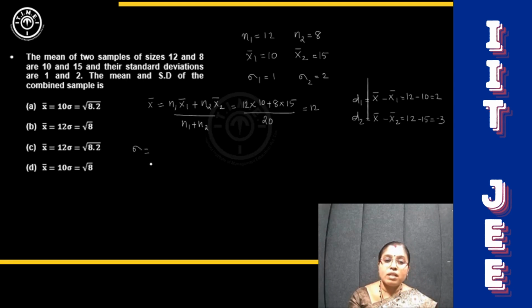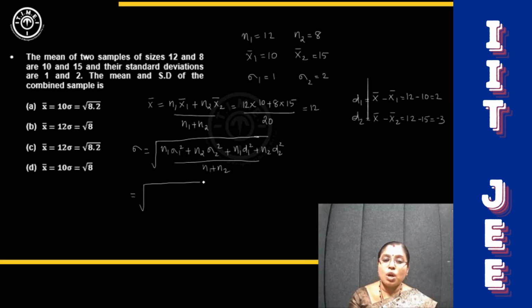So sigma is root of n1 sigma 1 square plus n2 sigma 2 square plus n1 d1 square plus n2 d2 square whole divided by n1 plus n2. So let us substitute the values.